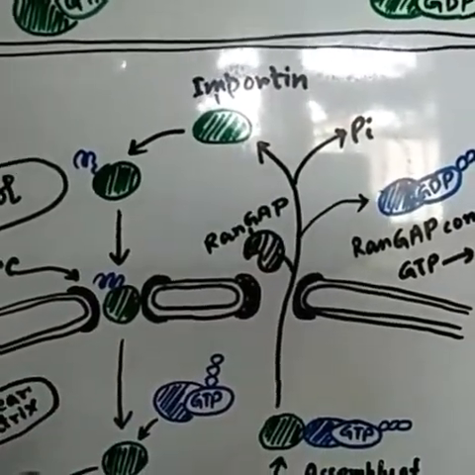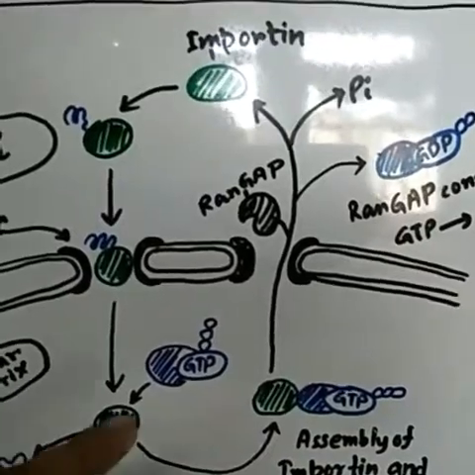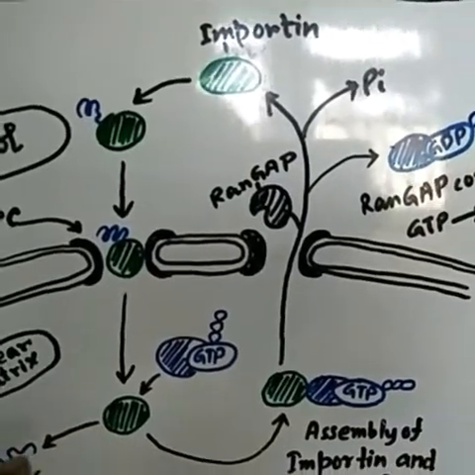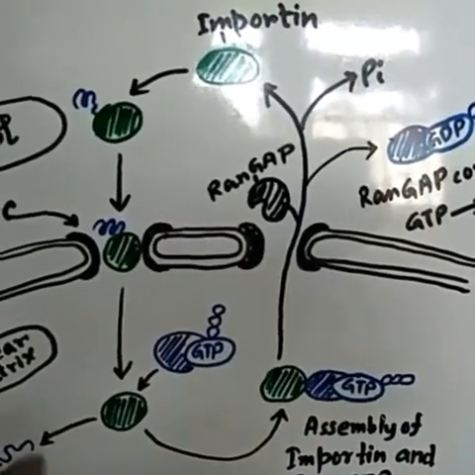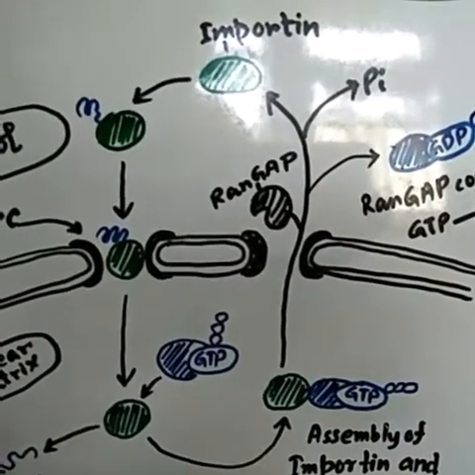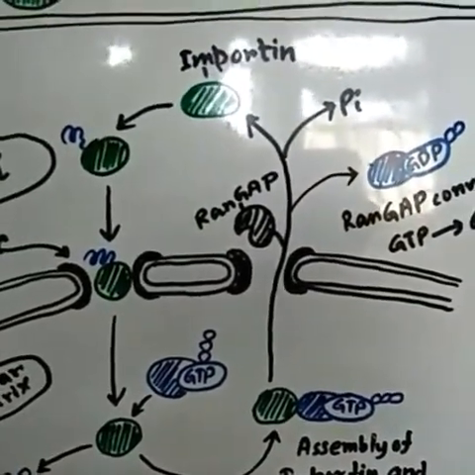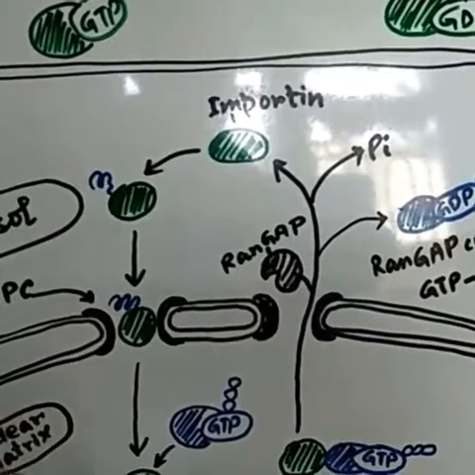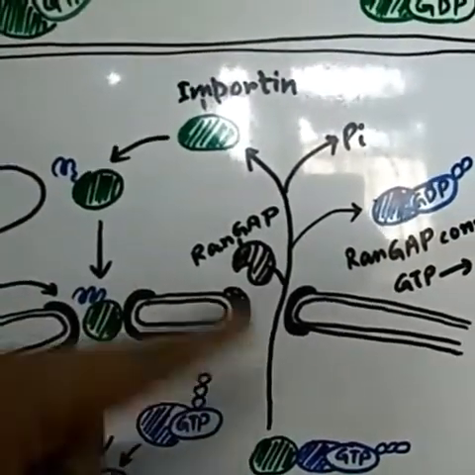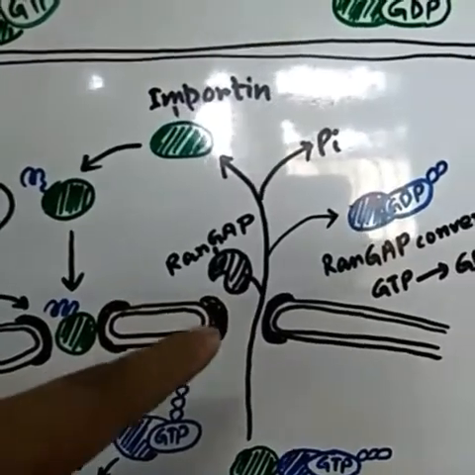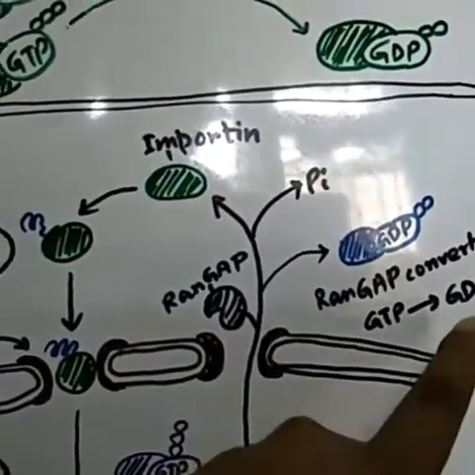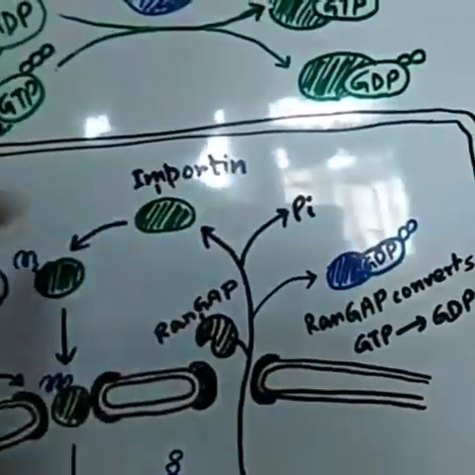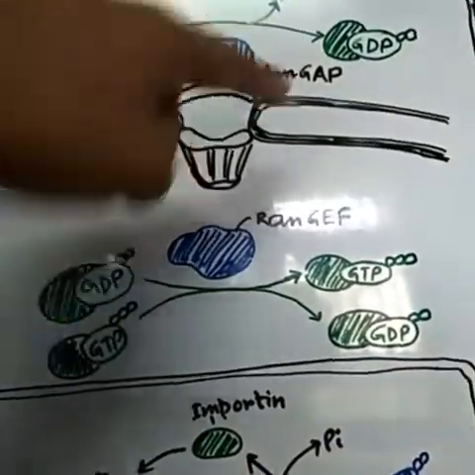Then importin comes into the nucleus, and here GTP binds with importin, and thus the signal peptide or protein component that needs to be imported is released, and then importin goes back to the outside of the nucleus through the nuclear pore complexes. Here the Ran-GEF helps in this process, and the GTPase converts GTP to GDP, and thus the concentration of GDP is higher in the cytoplasm, and this phenomenon is maintained here.